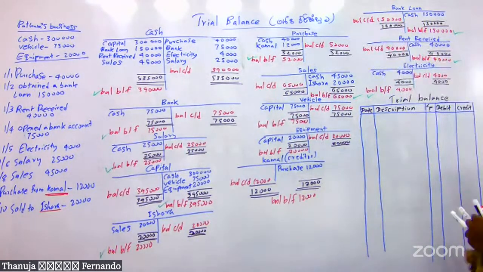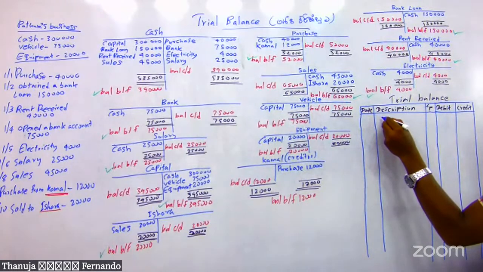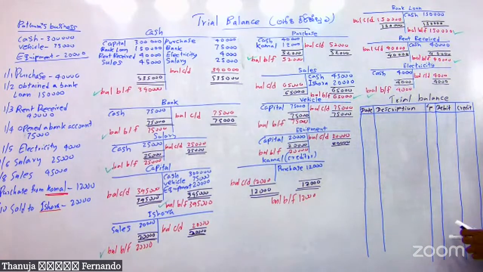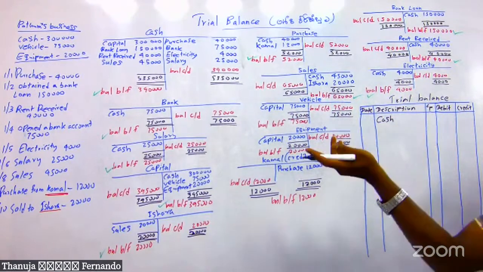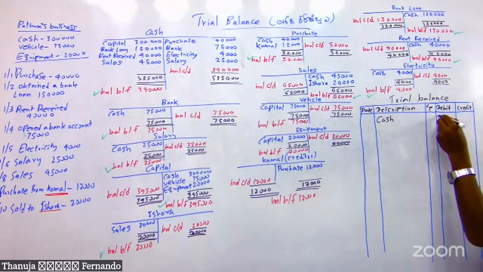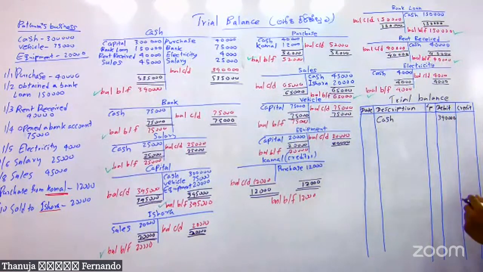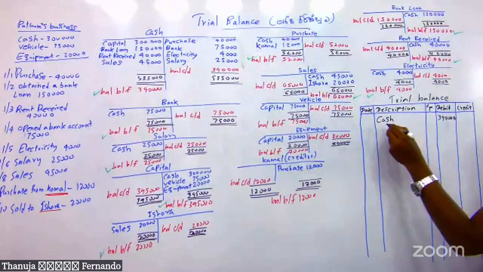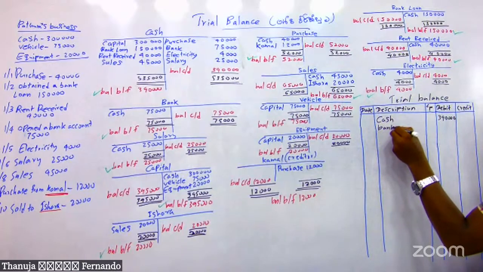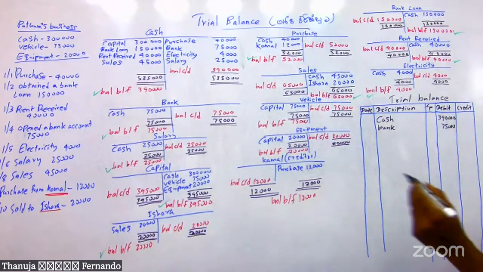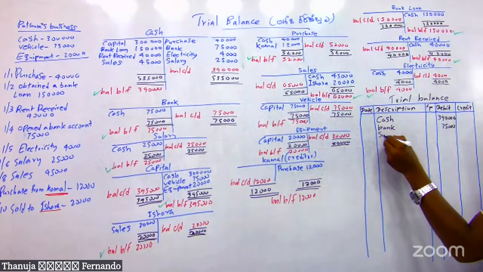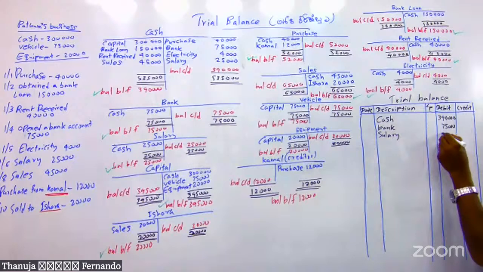First one, cash account, debit 390,000. Then bank account 75,000. Then salary account 25,000, debit 25,000.